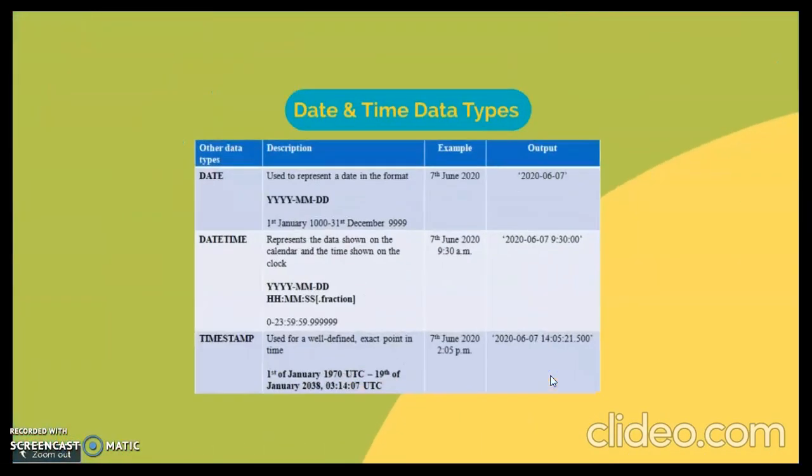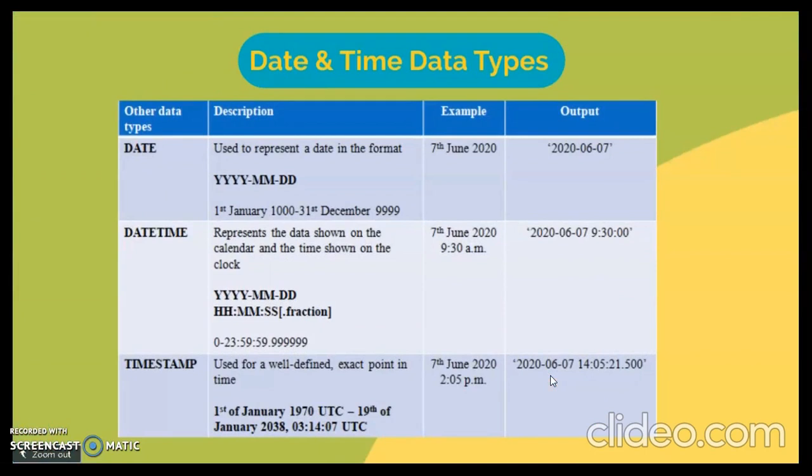We'll see other useful data types. Other than numeric values or string values, we come to date and time data types. So we have date. It is used to represent the date in the format YYYY, that is the year, then MM and DD. So first year, then month, and then day.